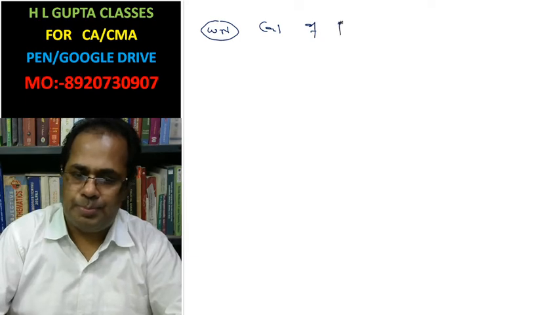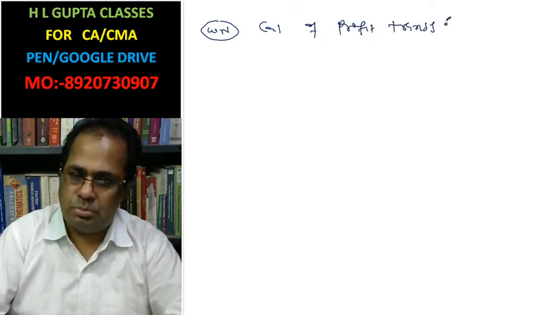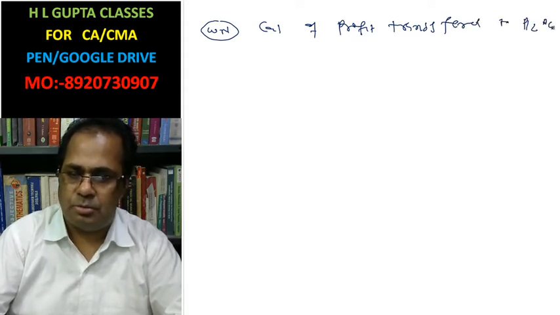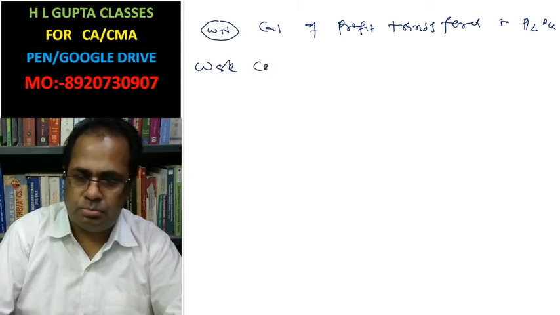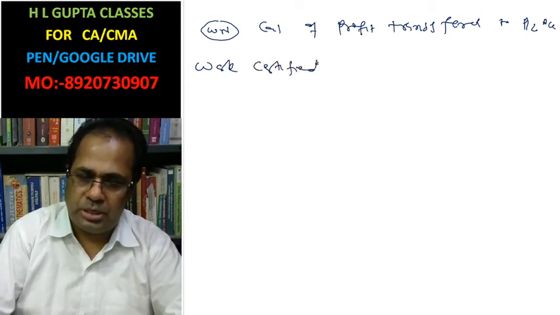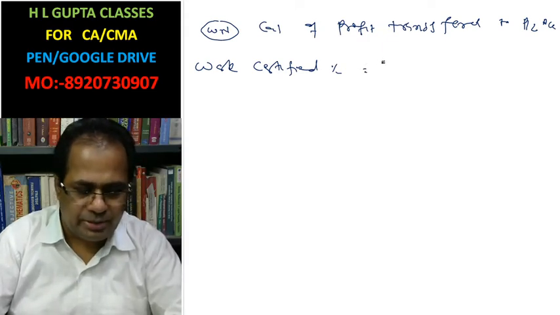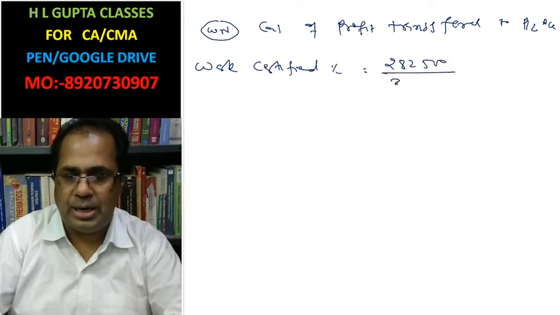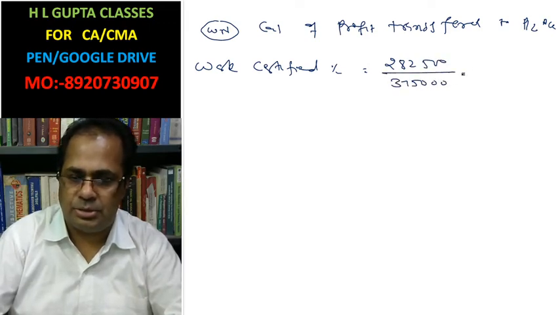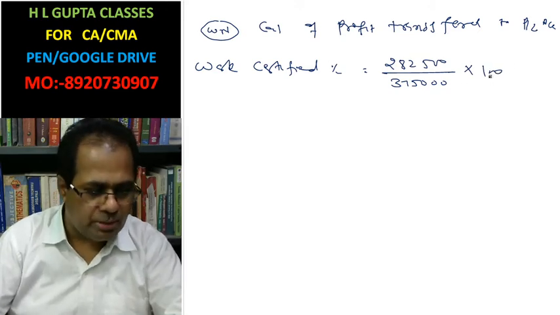Now I am going to make a working note: calculation of profit transferred to profit and loss account. Work certified percentage: 2,82,500 out of 3,75,000 is what? This is more than 50%.